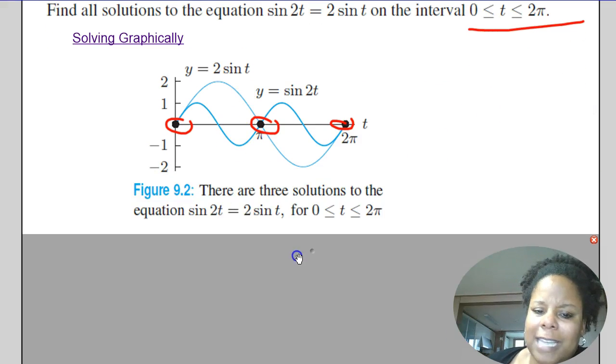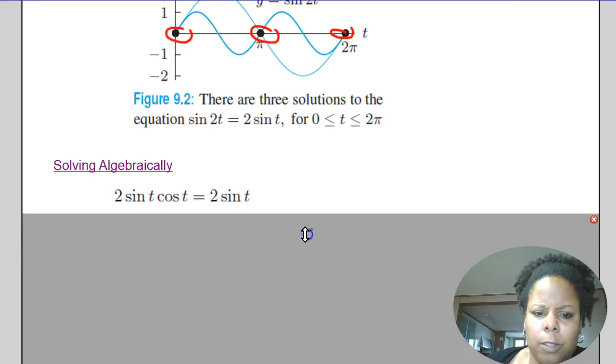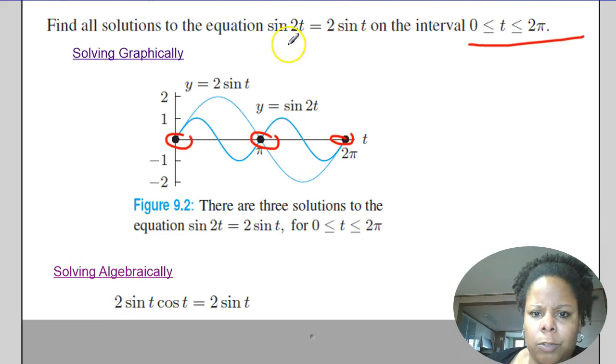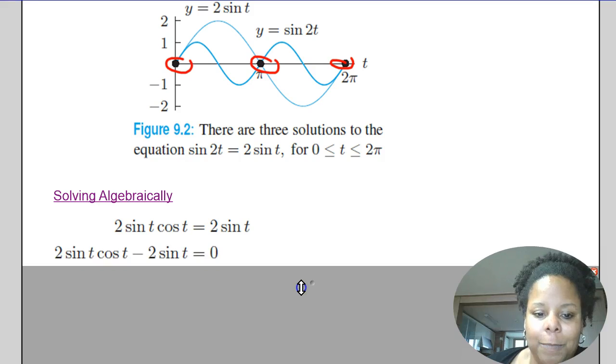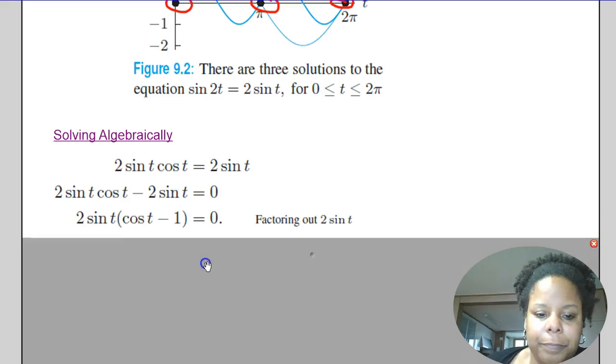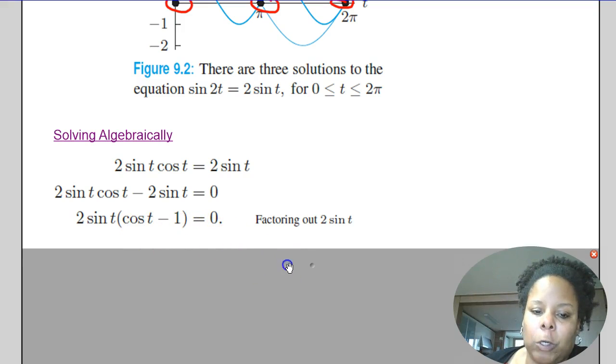But I can also solve this algebraically using the double angle. So as you can see, 2 sine of 2t, by the double angle formula, is 2 sine t cosine t, which is equal to 2 sine t. I can subtract 2 sine t from both sides, factor out a 2 sine t, and I get 2 sine t times cosine t minus 1 is equal to 0.